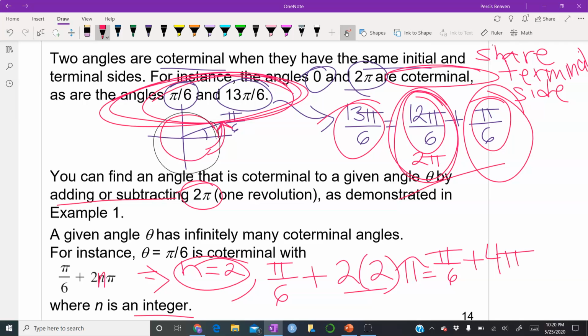That is equivalent to pi over 6 plus, if this has a 1 and we want to turn it into 6, we multiply by 6 over 6, which gives us 24 pi over 6. And that is actually equivalent to 25 pi over 6. So that could be another example of a coterminal angle.